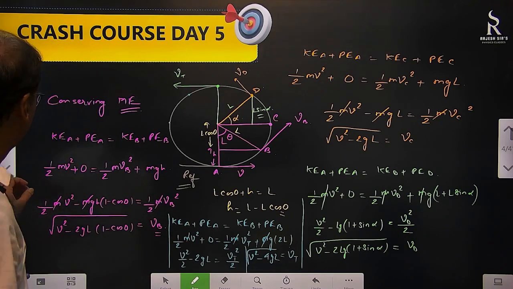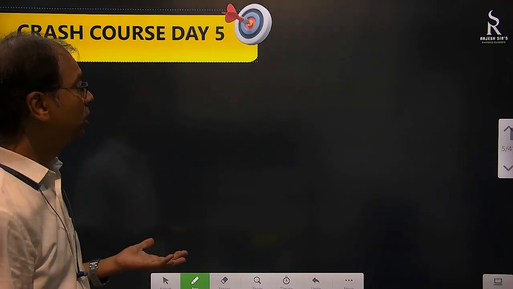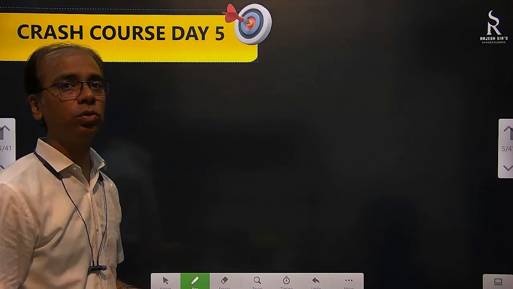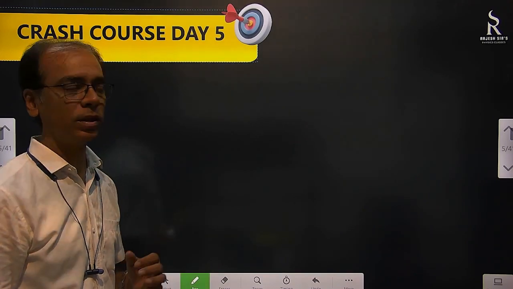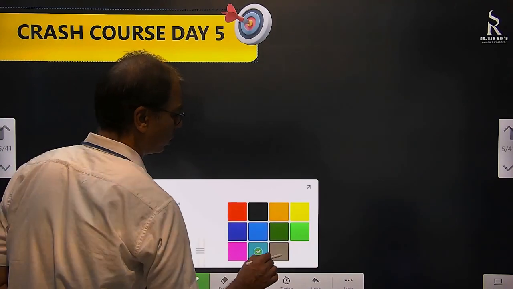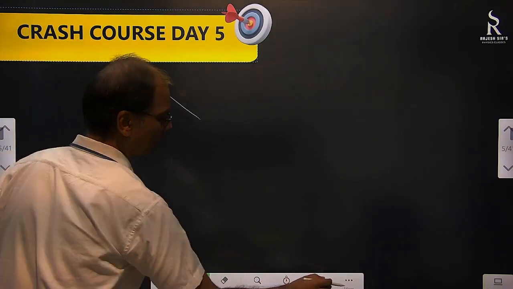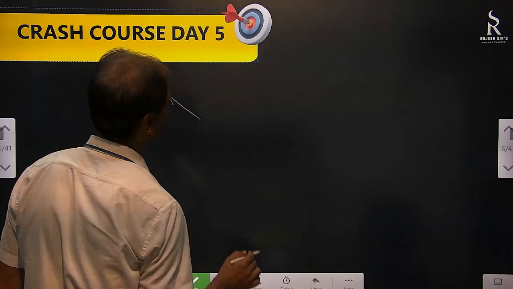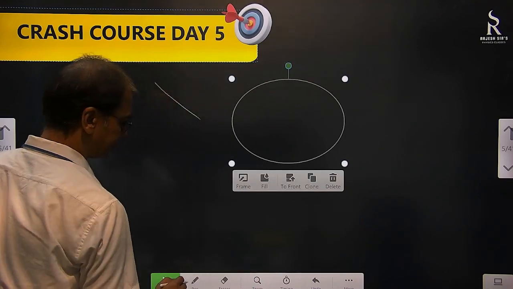Okay, now what? Now we should know what is the condition in which particle is going to do vertical circular motion. That means minimum velocity that you should have at least at the bottommost point and the topmost point, so that particle can perform vertical circular motion. Okay. So this is our circle.